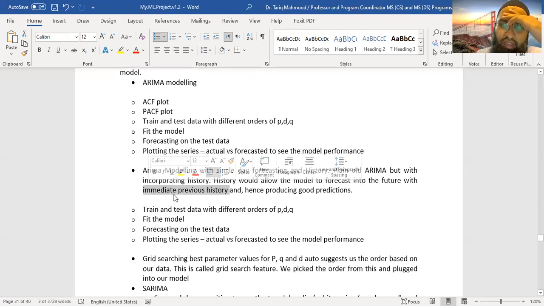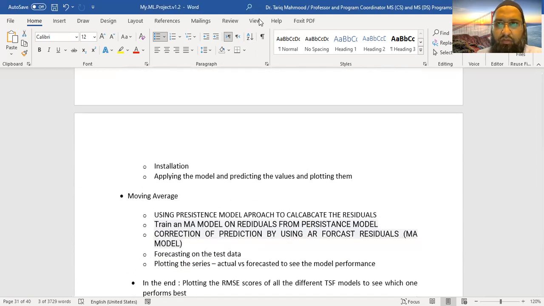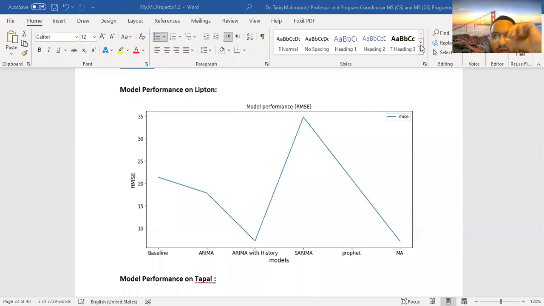In the normal case, we don't take the immediate history. So this could be some other model, probably some variant which the student has experimented with using different parameters. So let's check those later on.